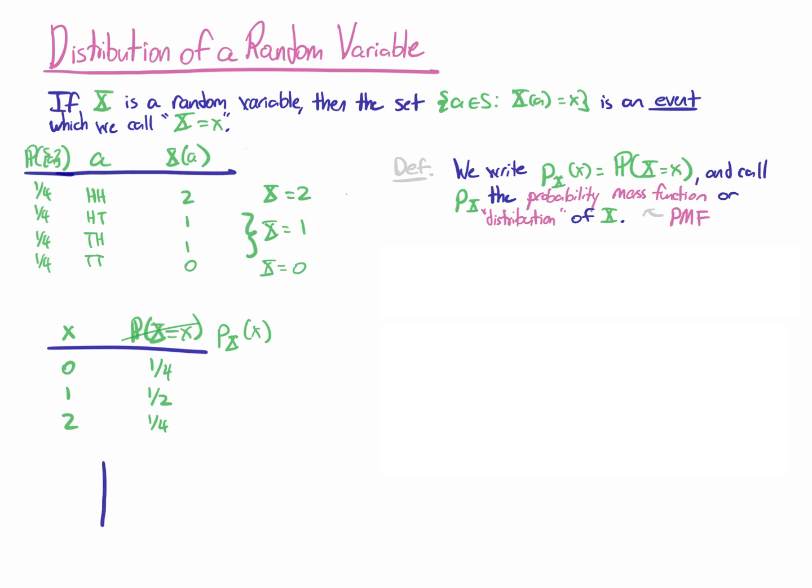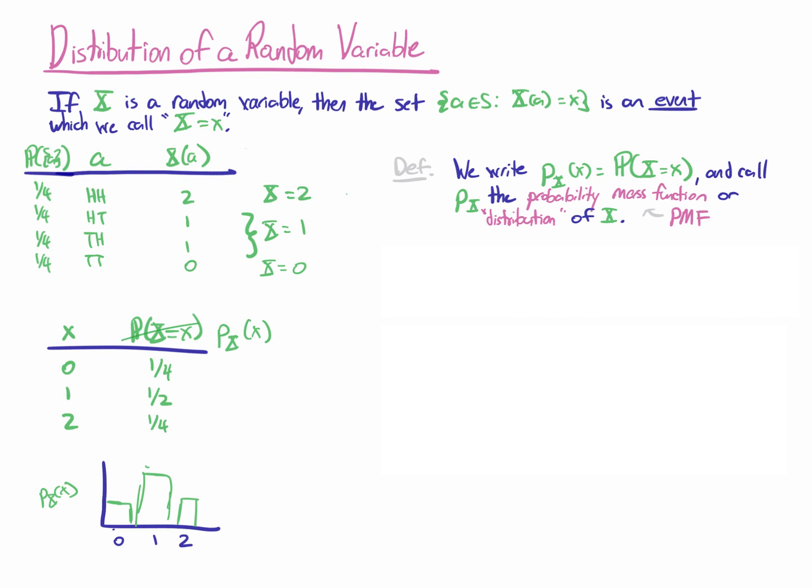So if we imagine here we have a plot 0, 1, 2, then our distribution, if we did it as something like a histogram, would look something like this. And then this would be p of x, little x there.